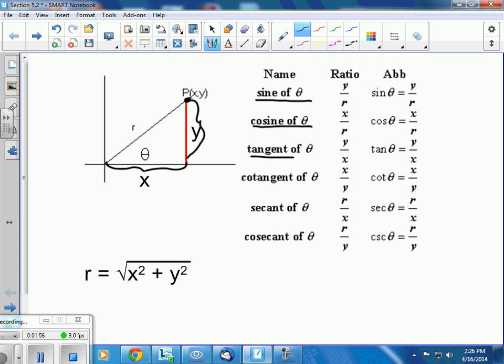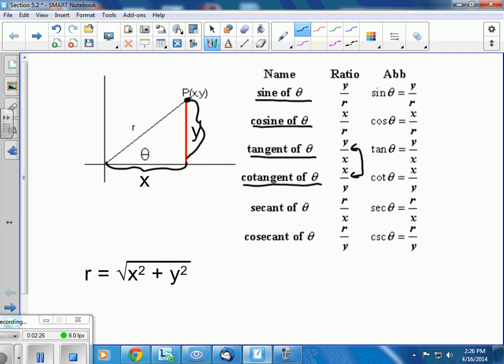The next one, tangent of theta, is comparing the two legs of the triangle, and it would be y over x. The cotangent, please notice, is the reciprocal of the tangent. Where tangent was the comparison of y over x, the cotangent is the ratio of x over y.